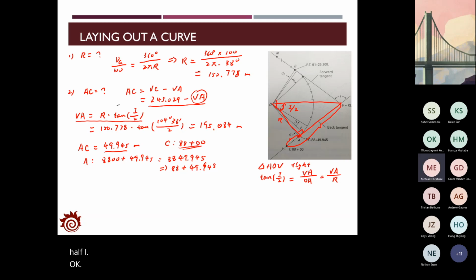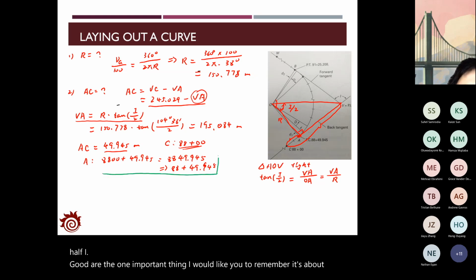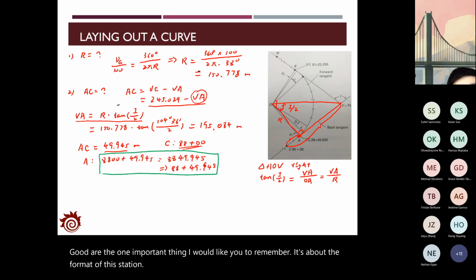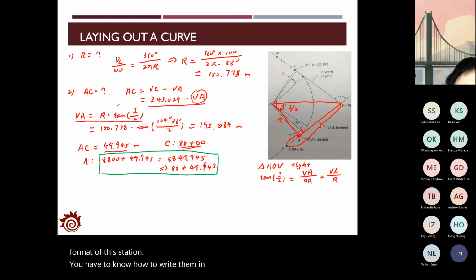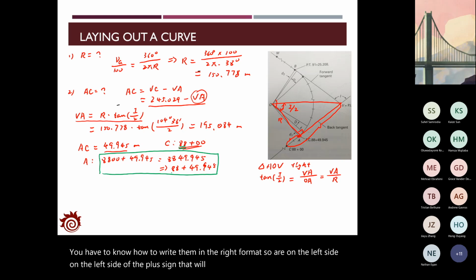Good. The one important thing I would like you to remember is the format of the station. You have to know how to write them in the right format. On the left side of the plus sign will be the value of how many hundreds, how many full stations. Each full station is 100 meters.